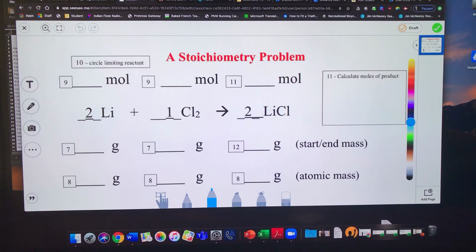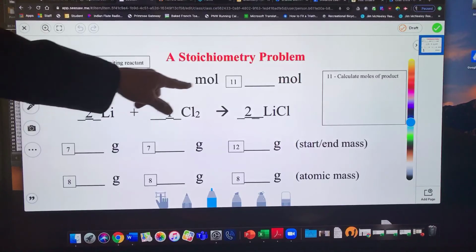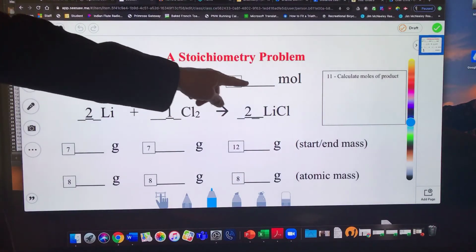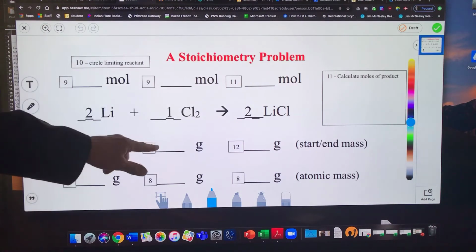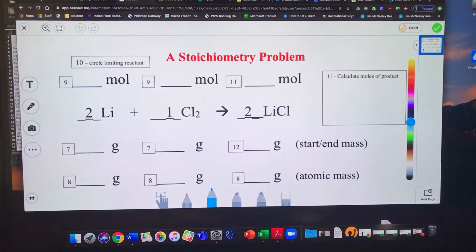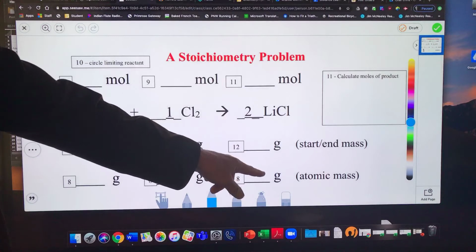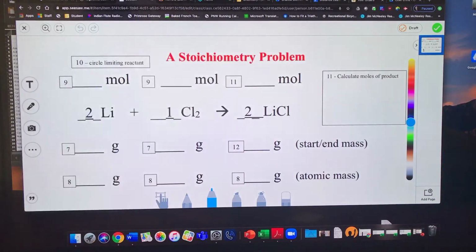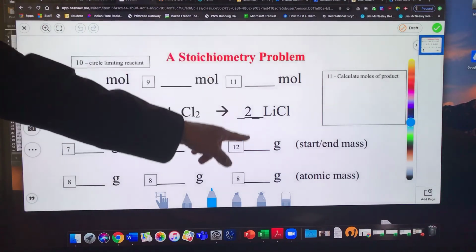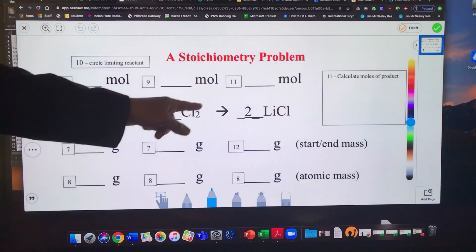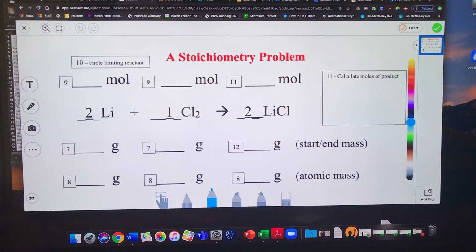All right, step number 6 said draw some lines. So what you can see is that I actually drew some lines. And what I did was I drew 1 line above each coefficient, and I drew 2 lines below each one of the coefficients. Okay? On the bottom, we're doing grams. On the top, we're doing moles. So you are always going to have 3 lines above and below each one of the elements or molecules in the balanced chemical reaction.